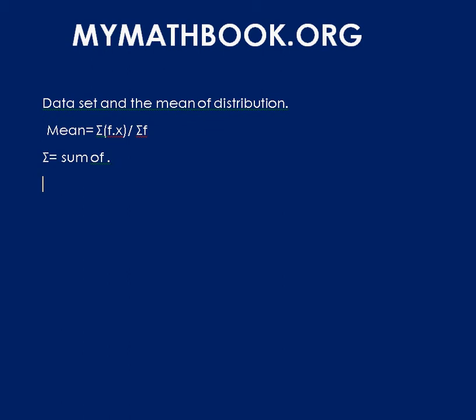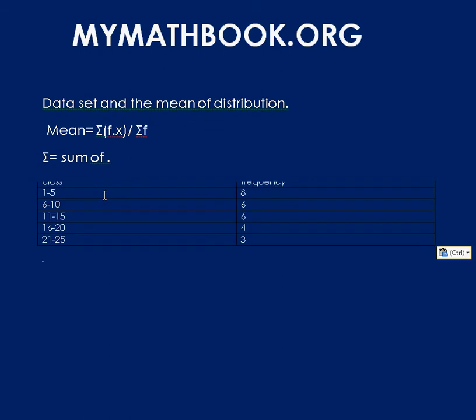So let's go ahead. I was able to get a table. I'm going to put this table back here, and so we have classes and frequency, and we want to get the mean of the distribution. In order to do that, we have to construct two more things. You have to come up with the midpoint and then the f times x, so we can construct that frequency distribution for the mean.